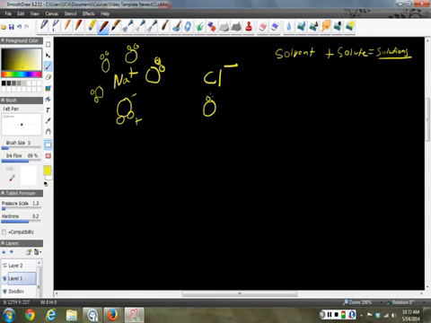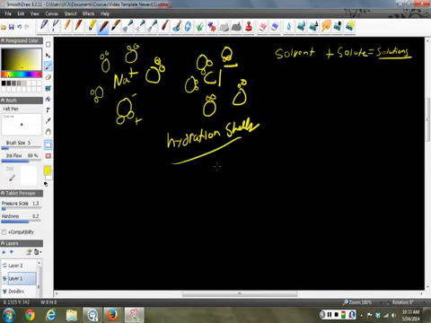here, where the positive hydrogens of water will face the chloride ion. These are called hydration shells, and this allows for things to dissolve in water.